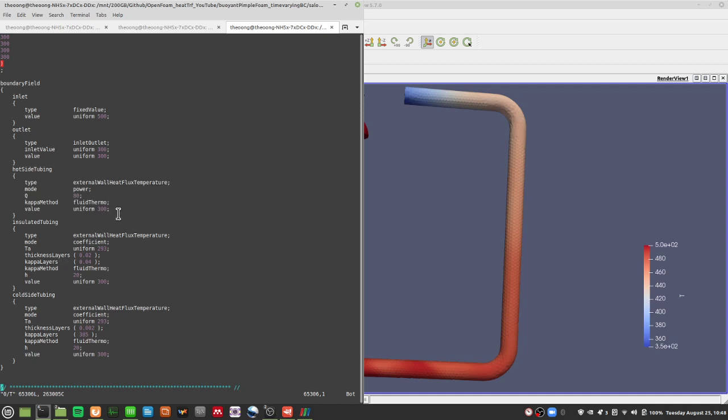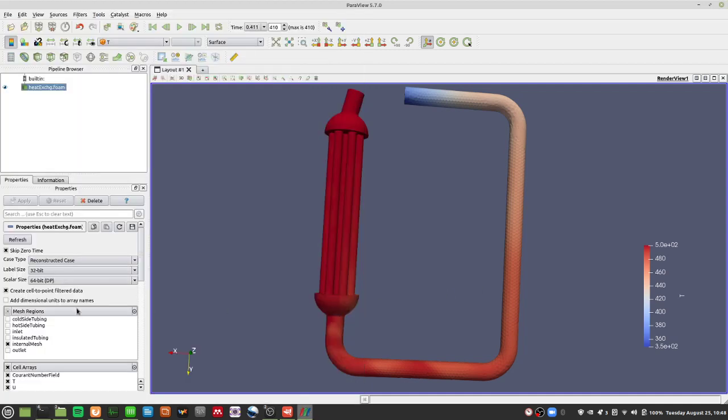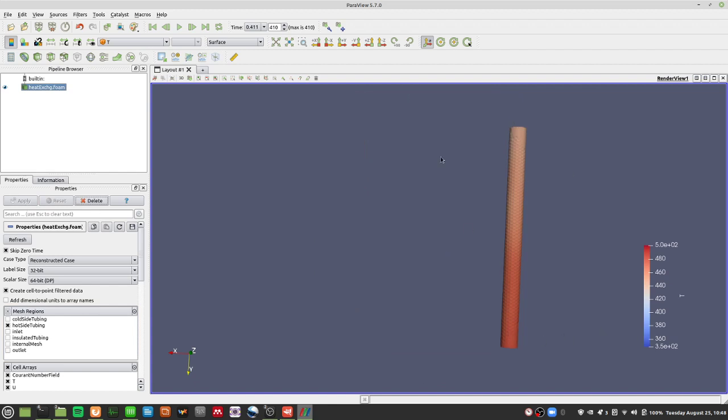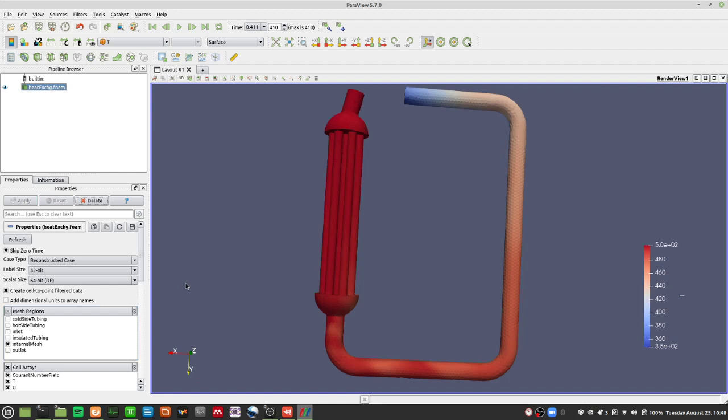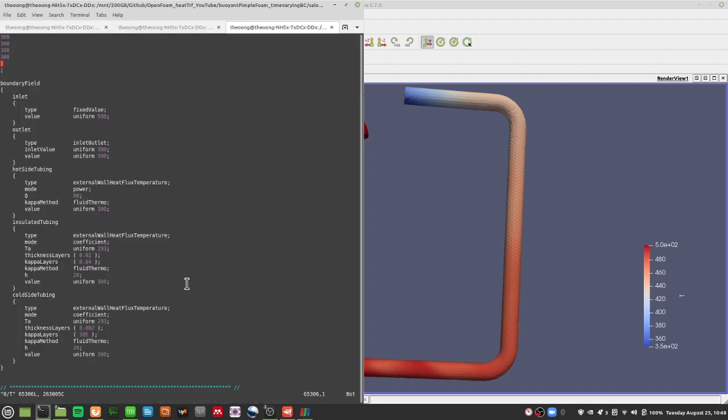I suspect that it's taking 80 watts out of the fluid, because this is supposed to be the hot side tubing, but as the fluid goes through, it's getting colder. So my guess is I need to just change the sign convention, and that should be fine. But this is a relatively small issue compared to what we were doing previously.